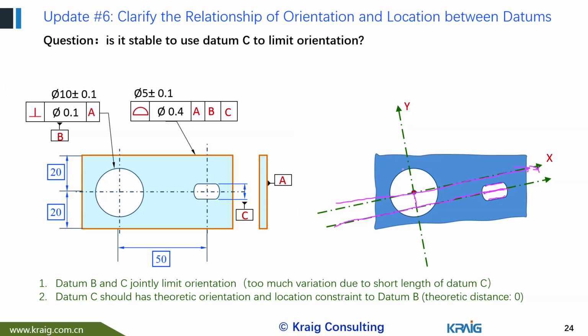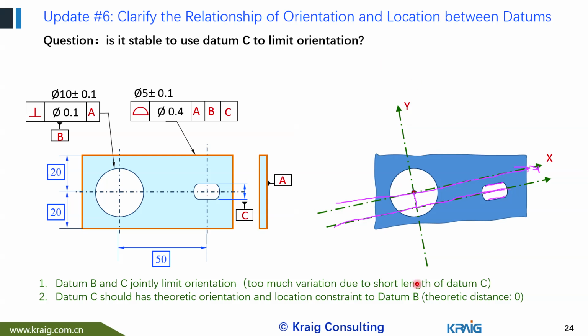So you may find something not right. Why? Because the datum C is so short. The center plane is so short. That means a little bit of tilt here will cause geometric deviation. So if you use datum C based on this short center line, you will get a big error.